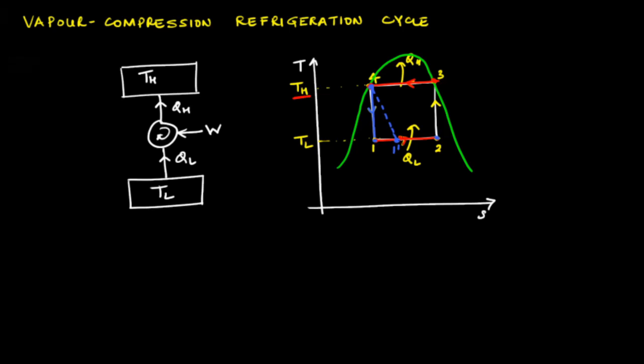So this cycle that is shown in blue, that results from the modification to the Carnot cycle, that is cycle 1 prime to 2 to 3 to 4 and back to 1 prime, is called the vapor compression refrigeration cycle.